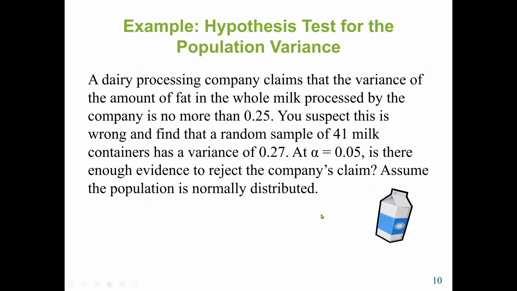So let's see an example. I think this may help us more. A dairy processing company claims that the variance of the amount of fat in the whole milk processed by the company is no more than 0.25.